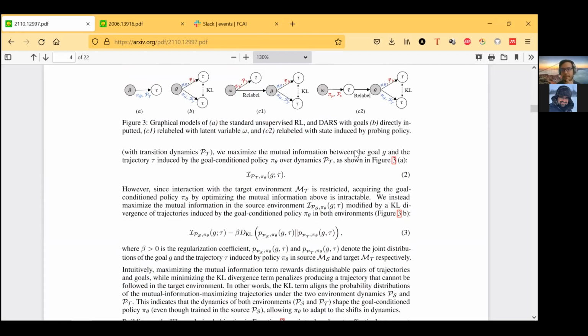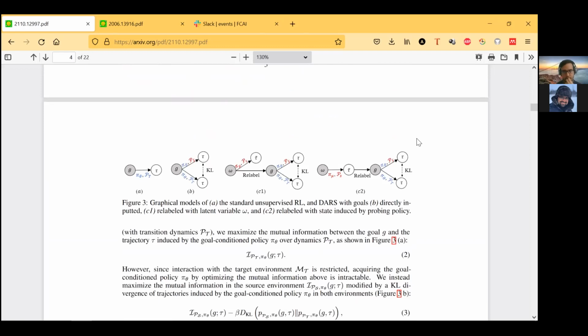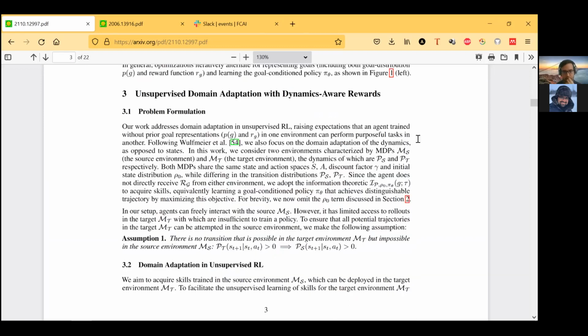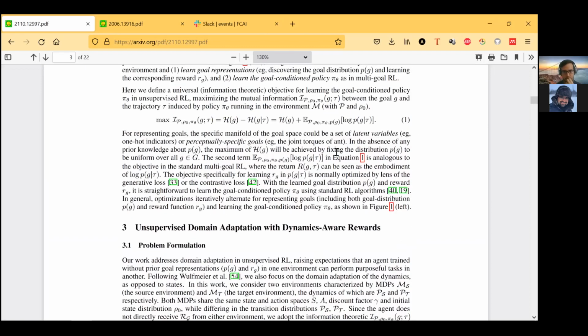Yeah, so is the goal space similar to the state space, or is it the same vector as the state? In some of the trajectories, yes, the goal is a state in the state space, and sometimes it's something more abstract.